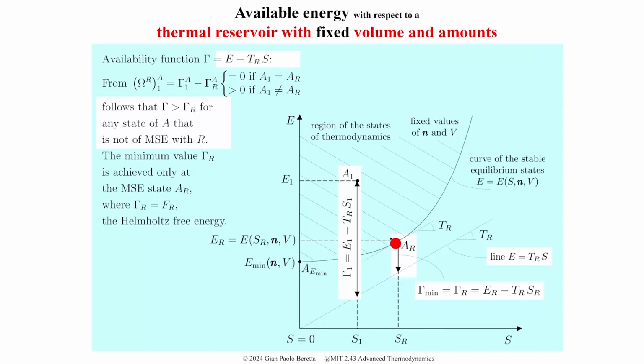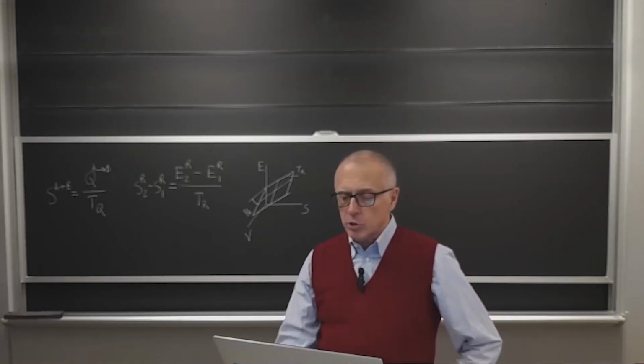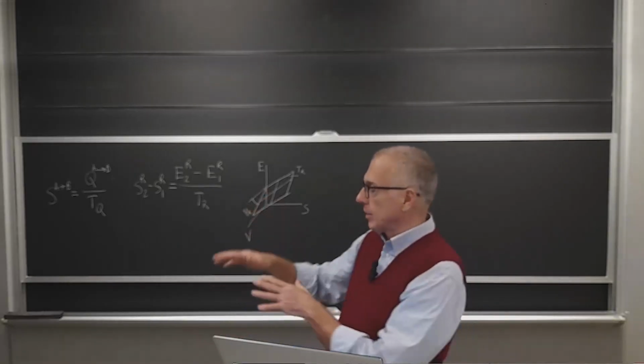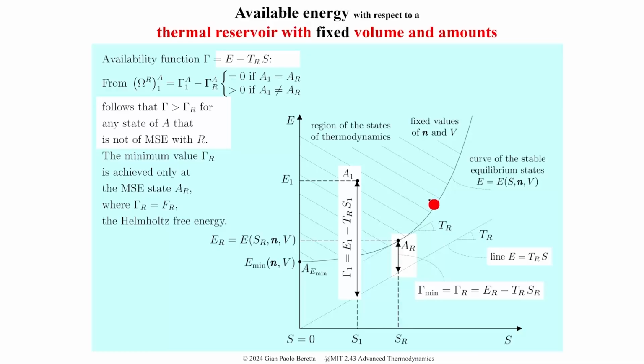So you should think of a similar procedure, only in a three-dimensional setup, in which you start from a mutual equilibrium state and you move away from it. And then you apply the condition that gamma must increase if you move away.